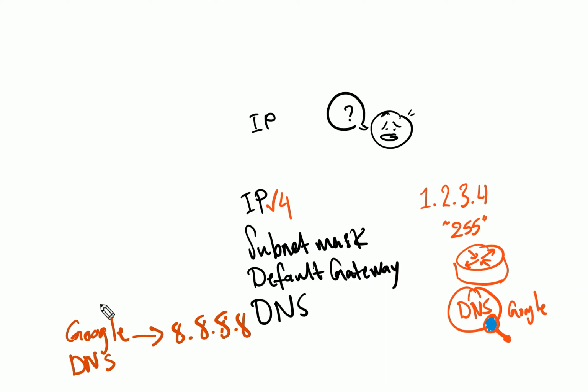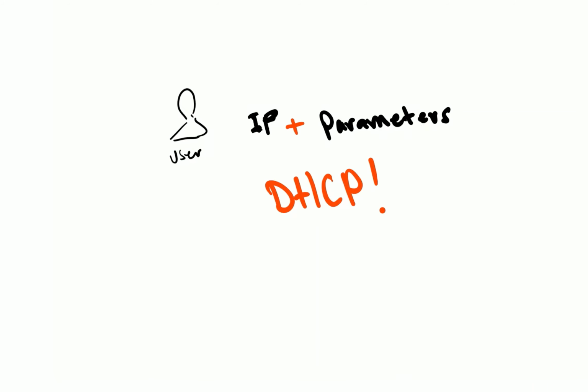So if you write Google DNS and search for it, or you do it like that, it will do the same thing. I mean, the DNS will translate this one into that one, and you'll get on the network. We will look at DNS in another video.